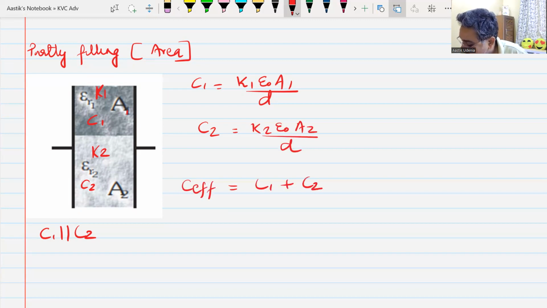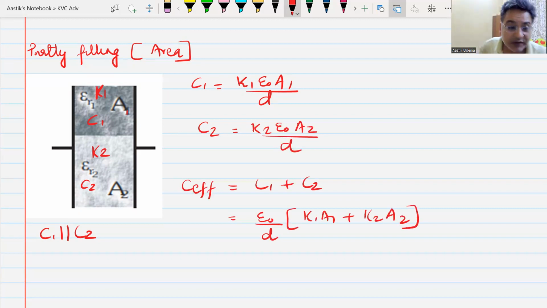Effective capacitance will be C1 plus C2. Epsilon naught by D will come out and you will have K1 A1 plus K2 A2. So this is one case which you can do of partial filling, not distance wise, but partial filling area wise. Do we understand this? I'll give you 2 minutes to note this down.